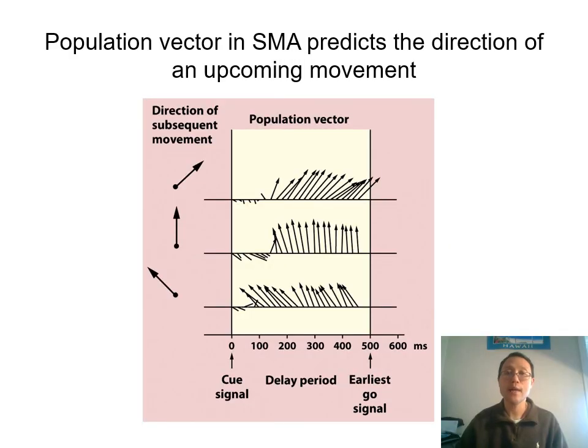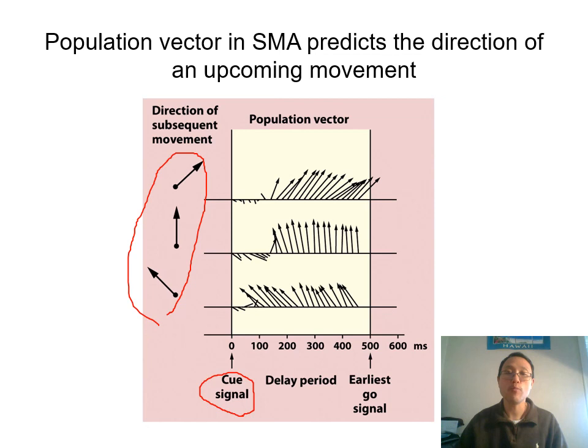Now let's take a look at how other areas, such as the supplementary motor area, also contribute to the planning of movement. They trained a monkey to respond to a cue signal and to plan the direction of the subsequent movement, as you can see here.